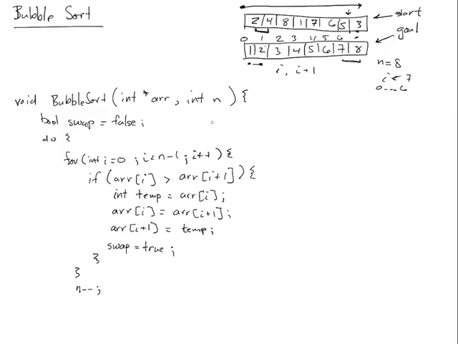And the other important thing we need to do is reset our swap value. But if we were to do it here, because remember we have a while check, while swap, well, if we reset it here, it's always going to be false.